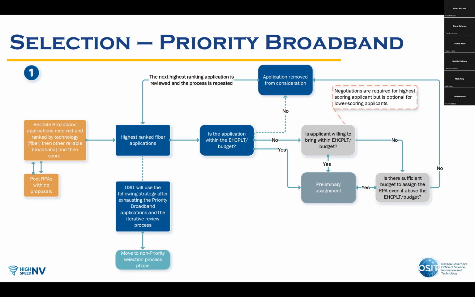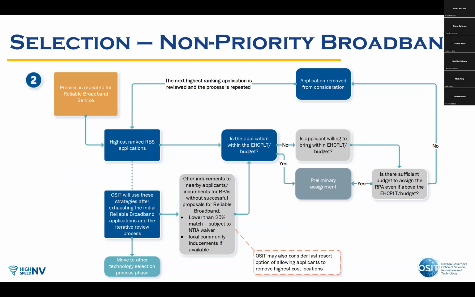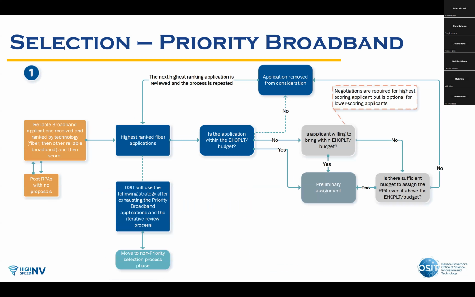End-to-end fiber. Then I'm going to move on to number 2, non-priority broadband, what NTIA called other reliable broadband services. That was HFC, DSL, and licensed fixed wireless. And finally, you can see at the bottom, last resort, other technologies. That would be 3.